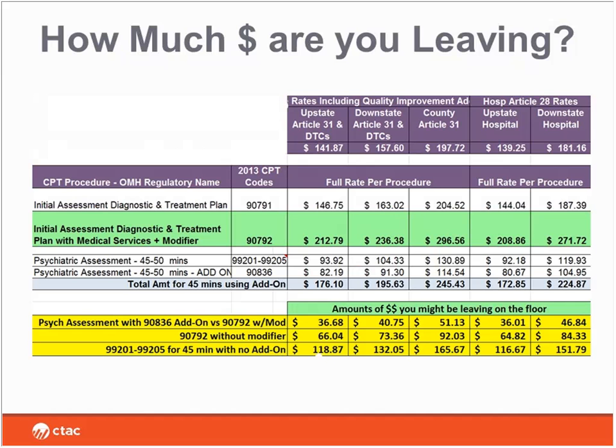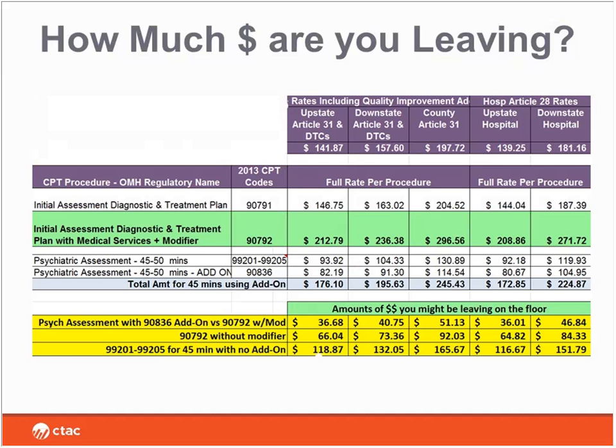This is just a quick review of how much more money you can make on this doc time. A lot of the money that's being left on the floor is on your doc time. Your docs are your most expensive staff by far and away, and yet, due to the complexities of the billing design, they could possibly be bringing in less money for you than some of your clinicians, because if it's not done correctly with these add-on codes and the modifiers, it's very easy to miss money that you should be getting.